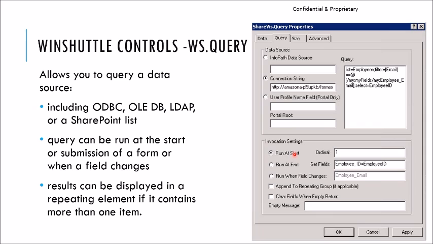You can have a field say run when changed. So if I select a new location, I would expect my query to go get all the new location information. So we can say run when field changes and write a query that says when the field changes, go ahead and update the underlying form values.